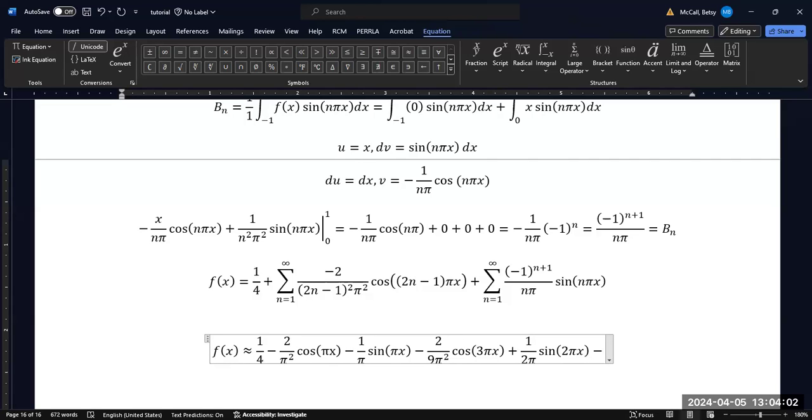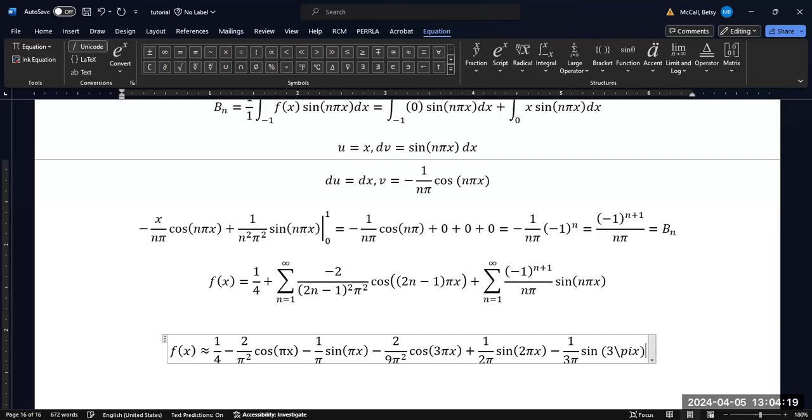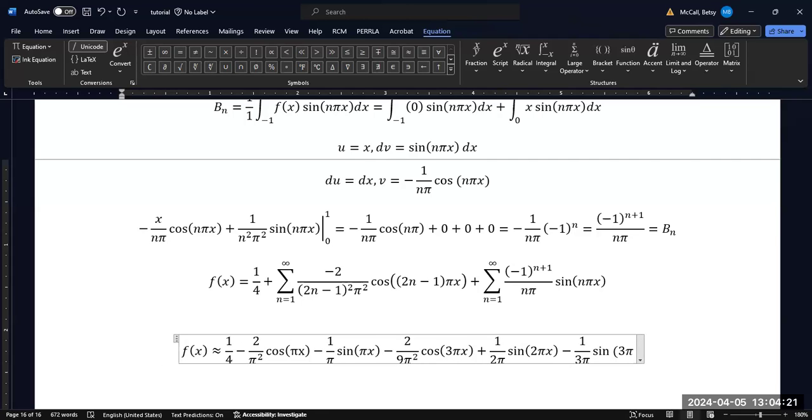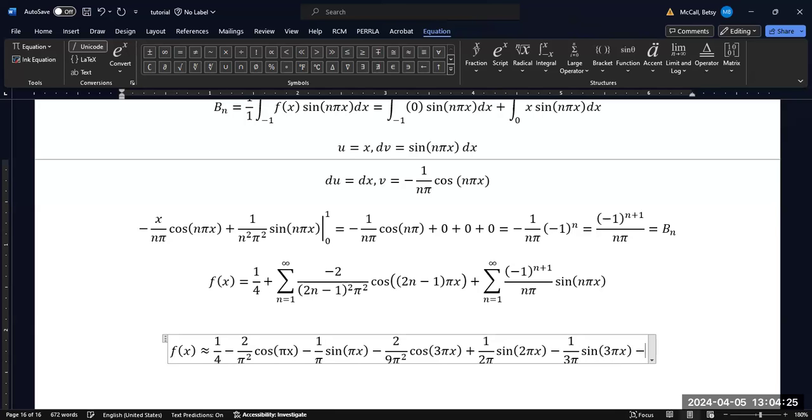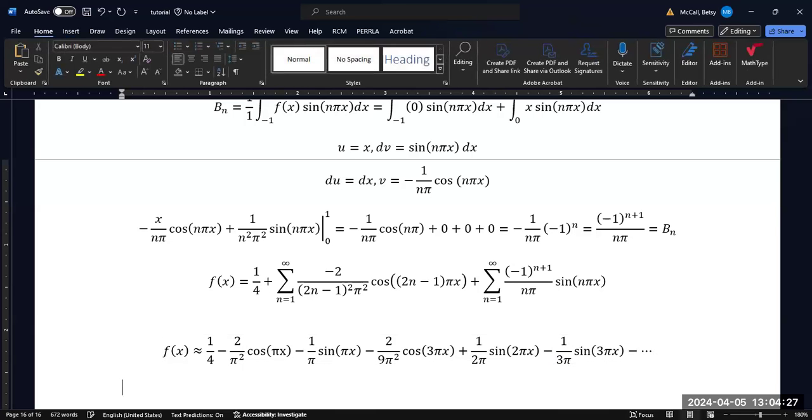And if I do another minus, just to catch up with the frequency of the cosine, we're going to get negative 1 over 3 pi sine 3 pi x. And so forth.